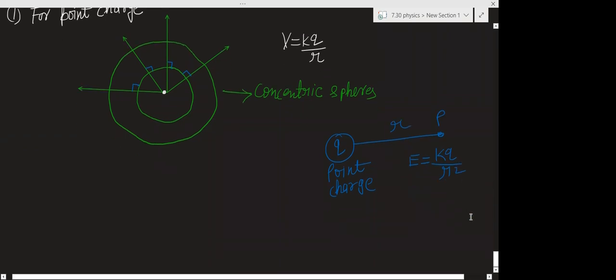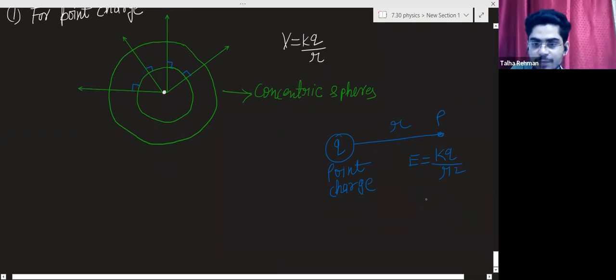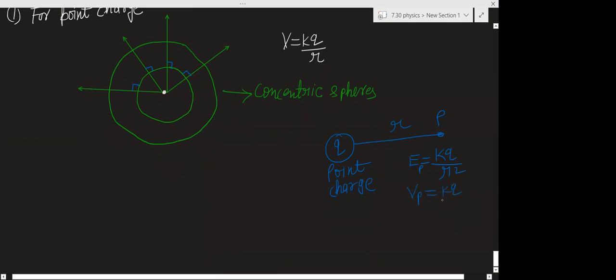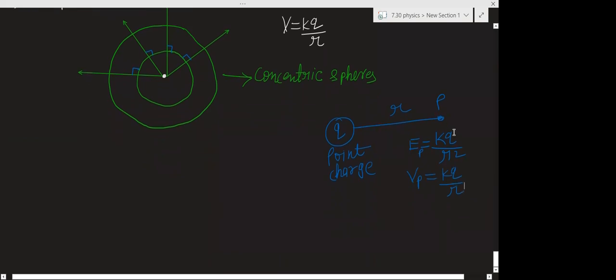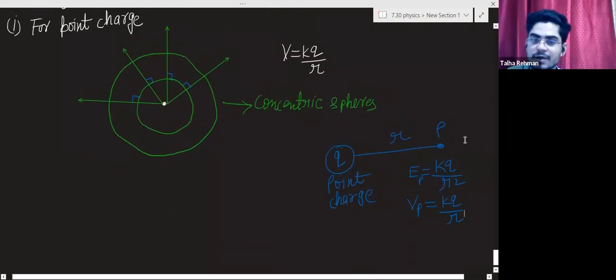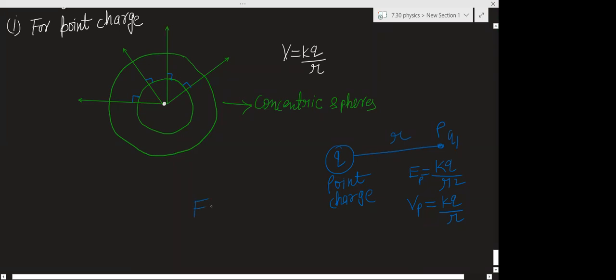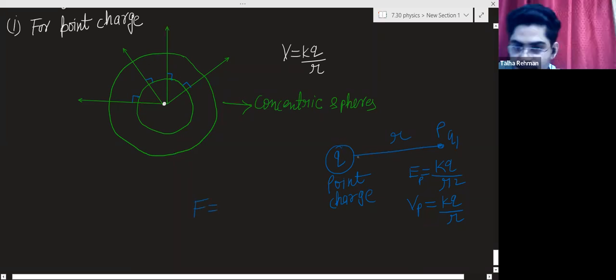Yes. And if I want to find the potential at point P, Vp is equal to KQ by R. And if I have put a charge Q1 here, then what is the force between these two, Q and Q1, separated by a distance R?